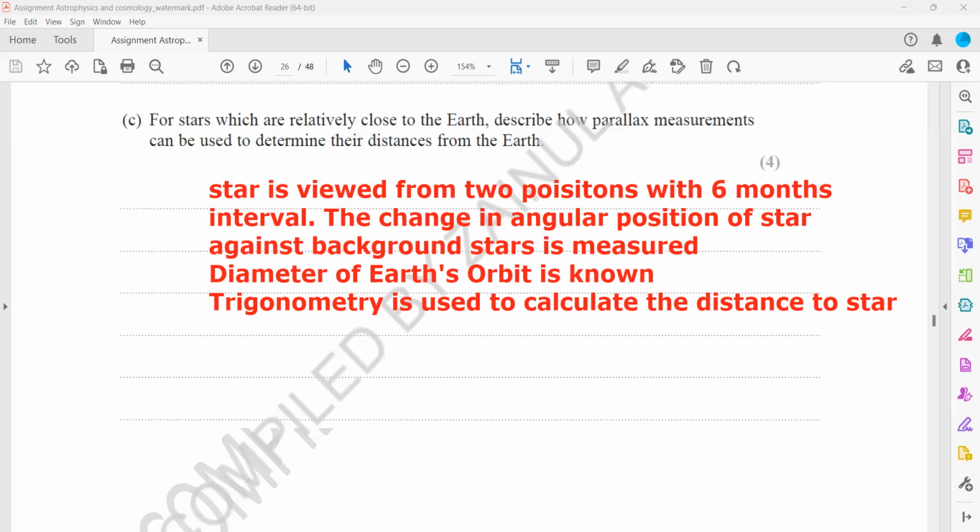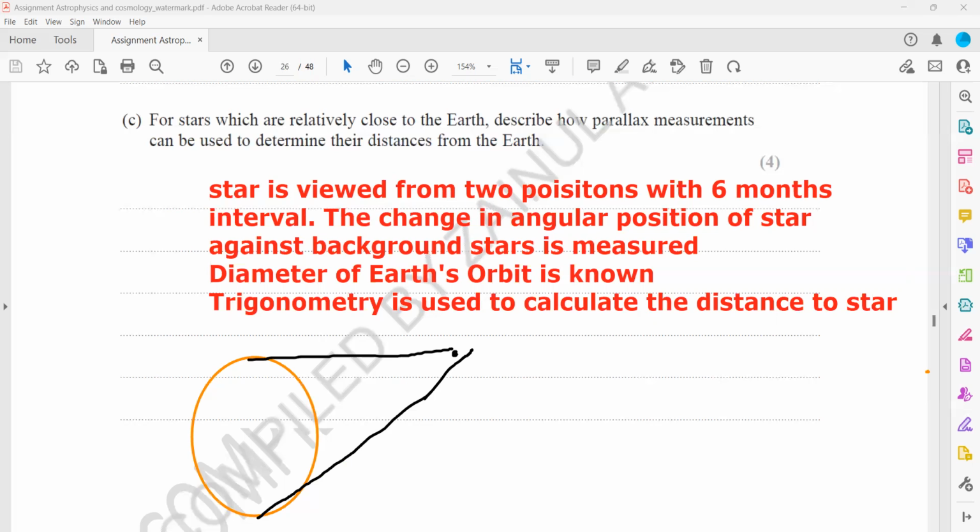Why can we not apply it for stars which are too far from us? Because if the stars are too far from us, when we observe them over a period of 6 months, the change in angle will be very small. If a star is closer to us, the change in angle will be considerable, and the percentage uncertainty will be reduced.